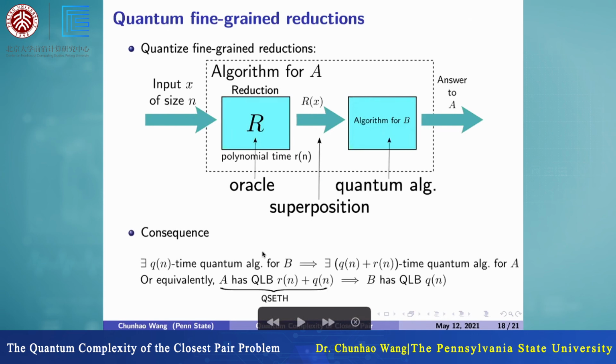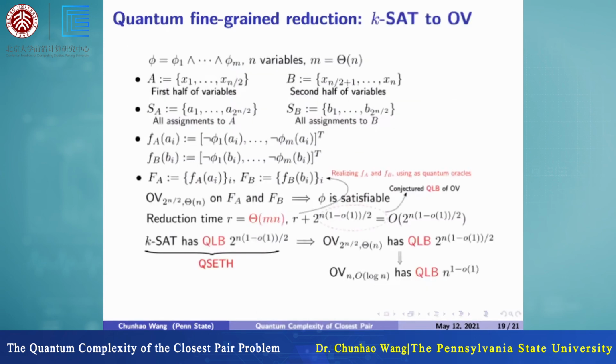It implies that if there exists a Q(n) time quantum algorithm for B, then there exists a Q(n) plus R(n) time quantum algorithm for A. That means if A has this quantum lower bound, then B has this quantum lower bound, and this lower bound can be obtained from the quantum SETH.